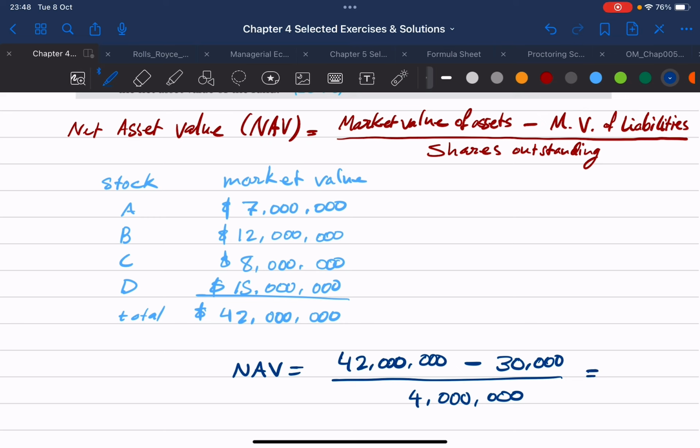That's $10.49. That's then $10.49. Okay, and that is what's required in the question. That would be the net asset value for this fund on a per share basis.